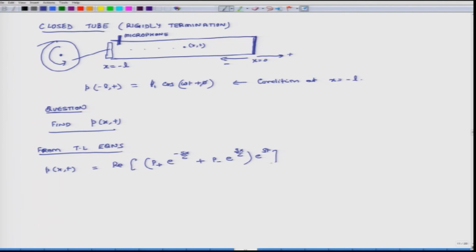So, this is my equation for pressure, and the velocity transmission line equation is real of P plus by Z naught e to the power of minus S x over c, minus P minus by Z naught e to the power of S x over c, times e to the power of S t.